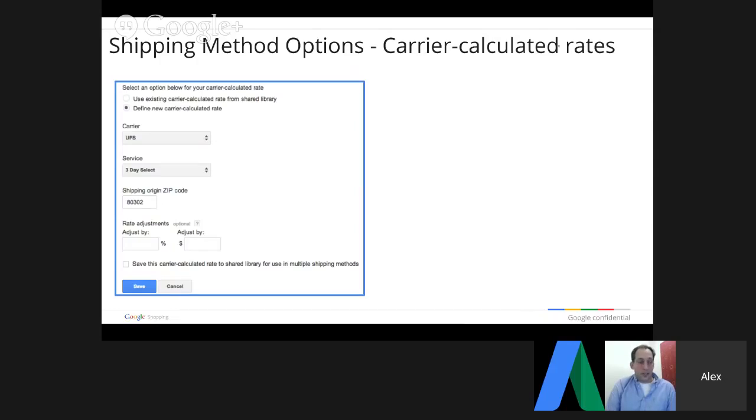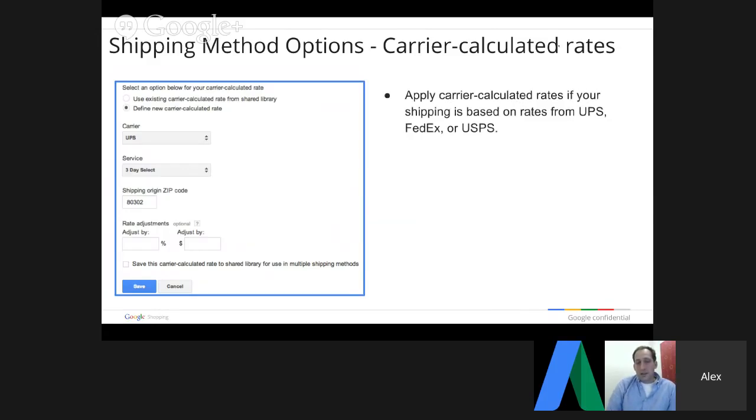So looking at the third option, we have carrier calculated. This is for all merchants who use existing supported carriers. The current supported carriers are UPS, FedEx, and USPS. So you can select your carrier and then select your service and then your ship origin.